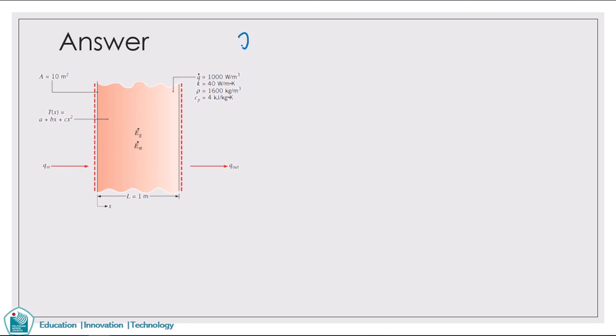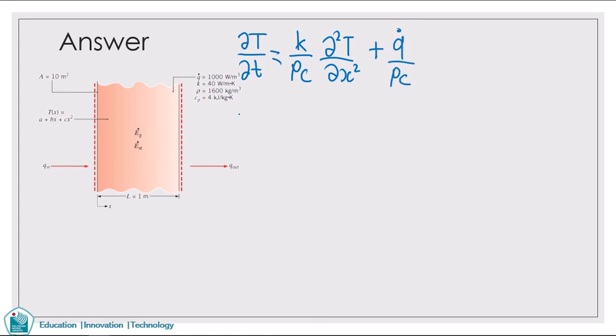So for the temperature over time, the equation is written as this one: K over rho C, partial squared T over partial x squared, plus Q dot over rho C. Okay, we already know that partial squared T over partial x squared equals minus 100 degrees C per square meter.